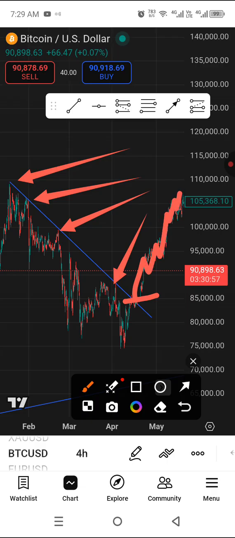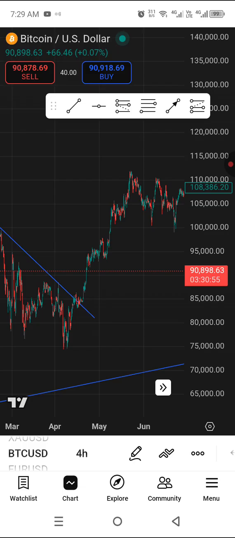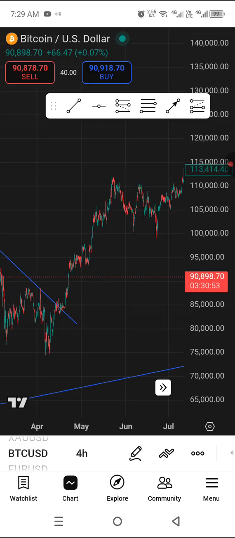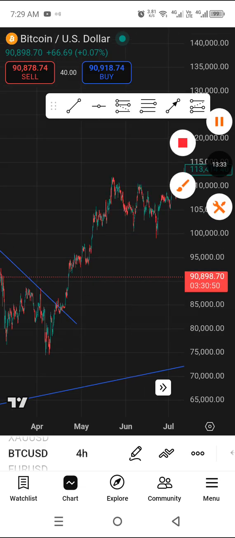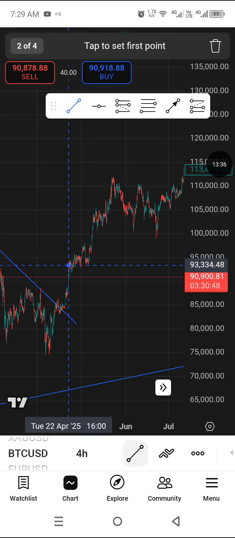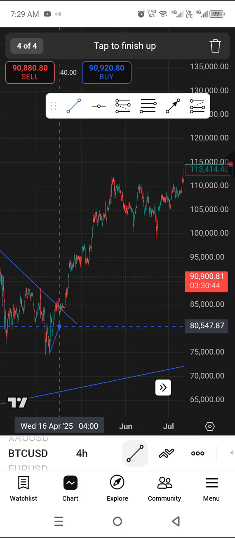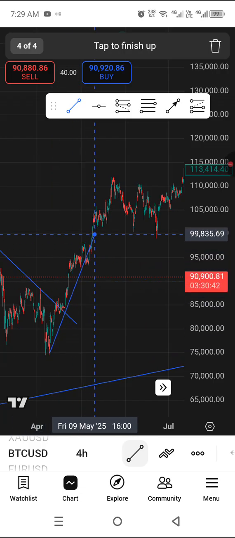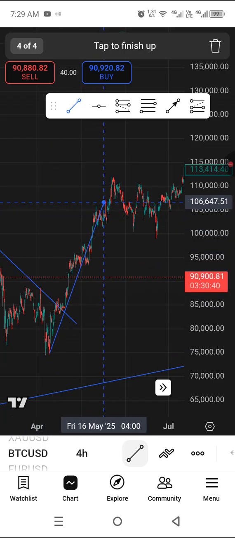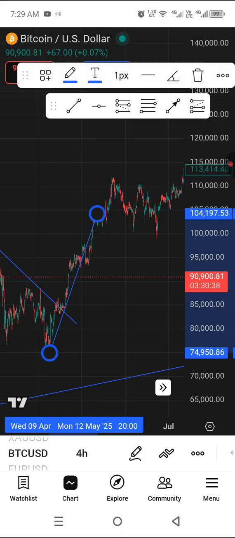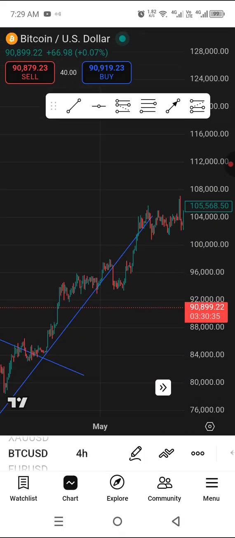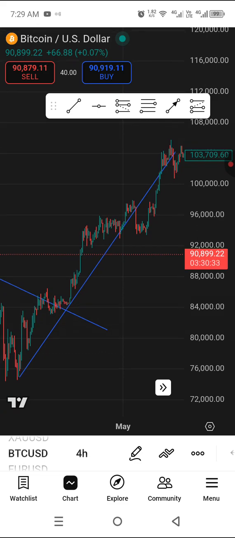So now when you close the trade, you're going to draw a counter trend line. The counter trend line is this trend line here. Let me show you, this one from the lowest point like this. That is your counter trend line.